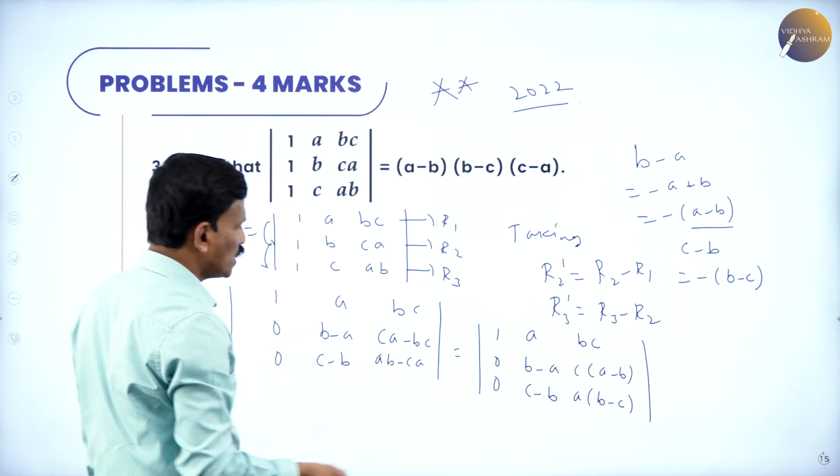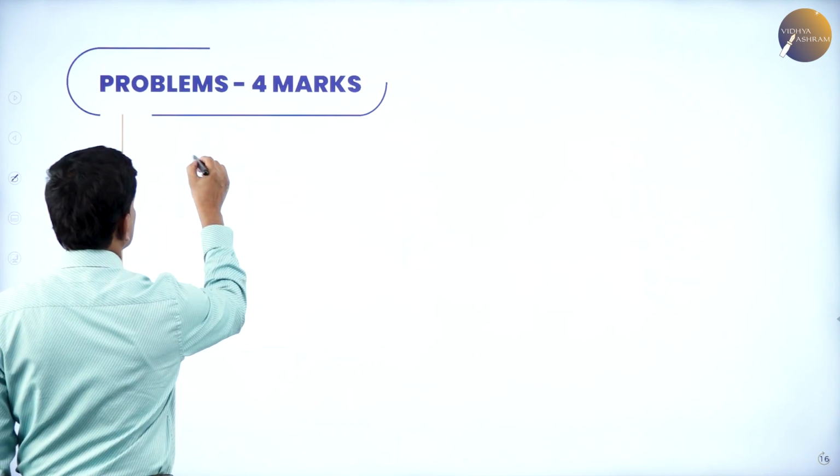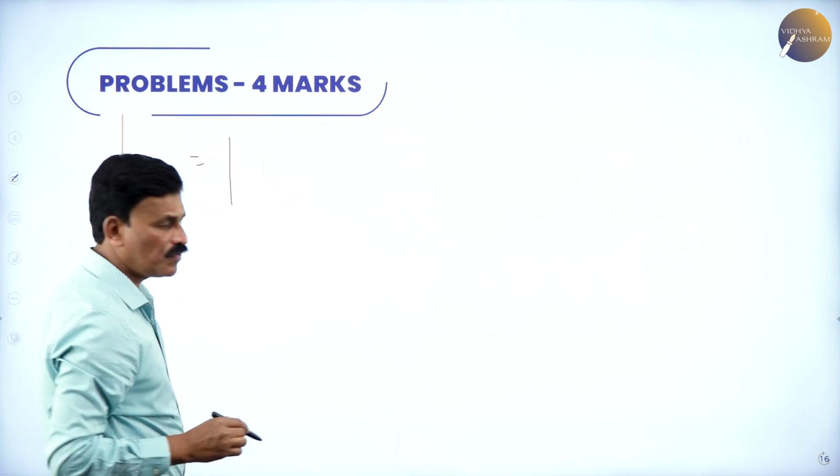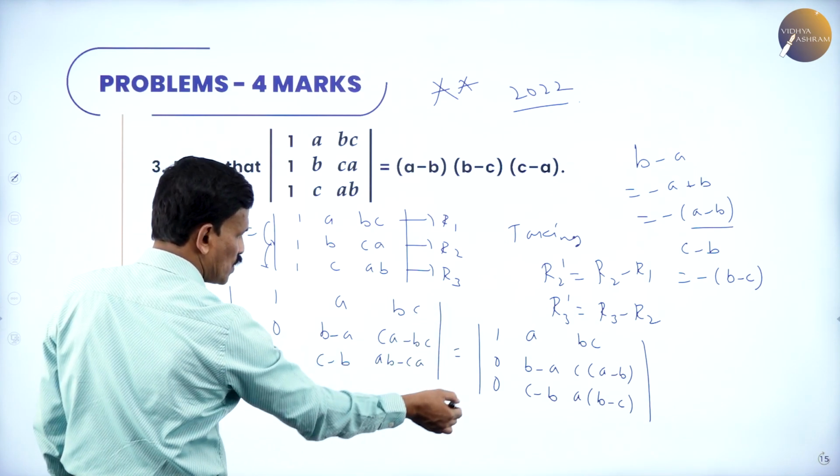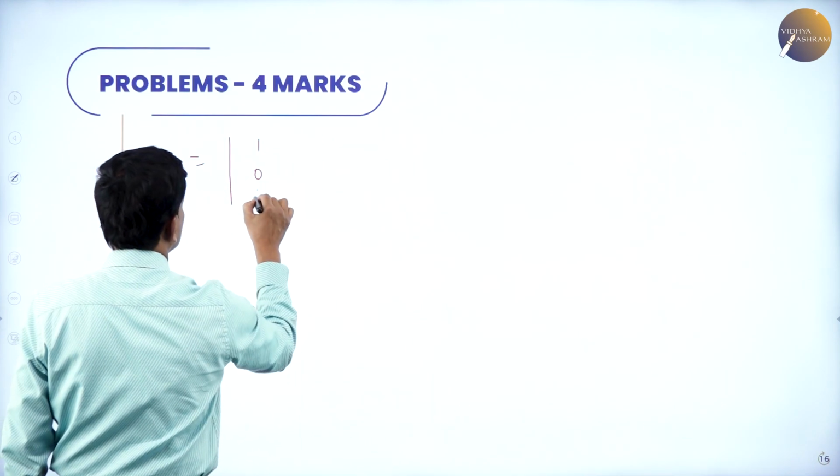Now, I will go to the next step. This is equal to the first row 1, 0, 0.